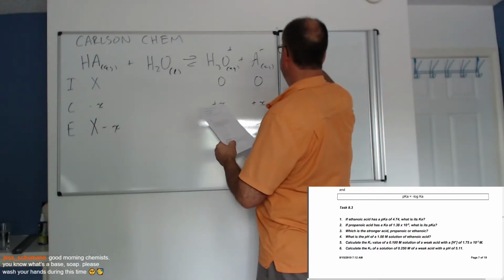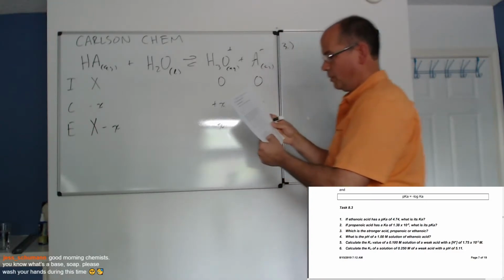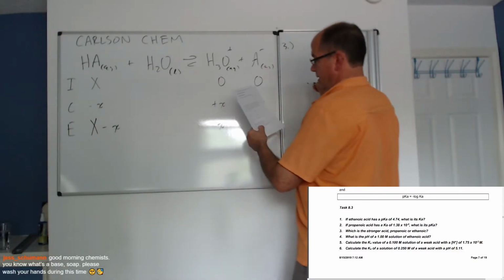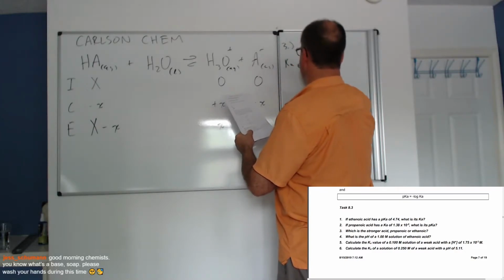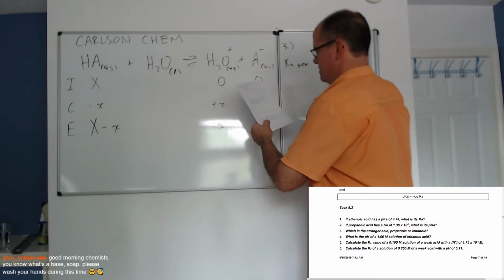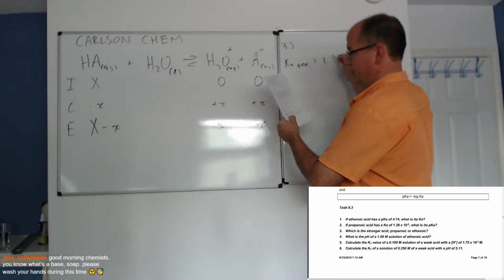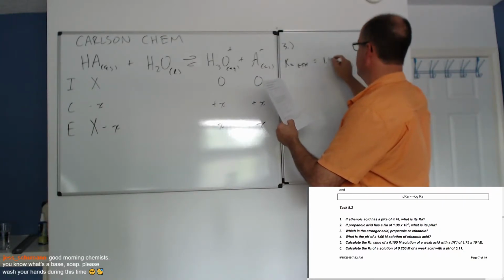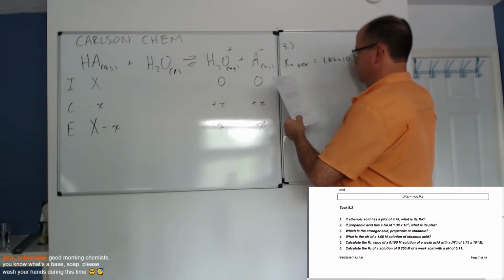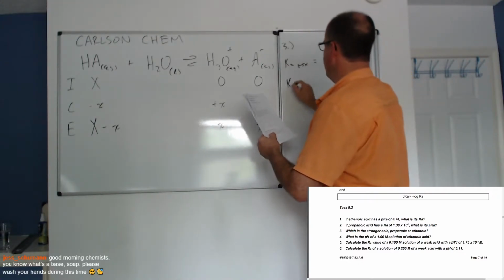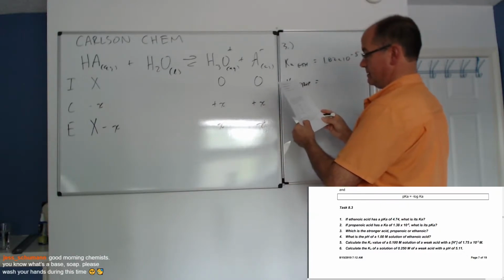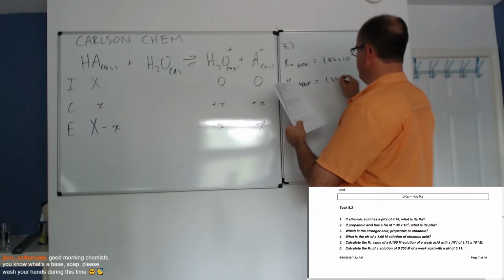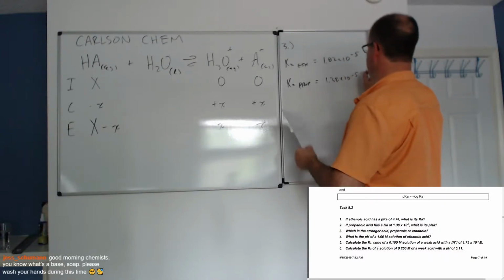So number 3, which is stronger, propanoic or ethanoic? Well, the Ka of ethanoic is 1.82 times 10 to the minus 5. The Ka of propanoic is 1.38 times 10 to the minus 5.